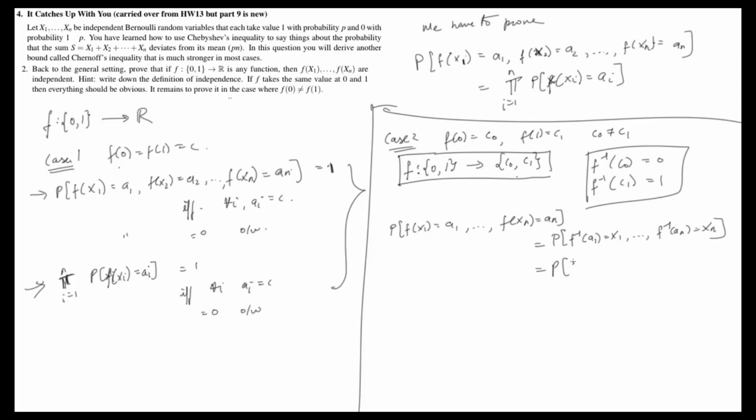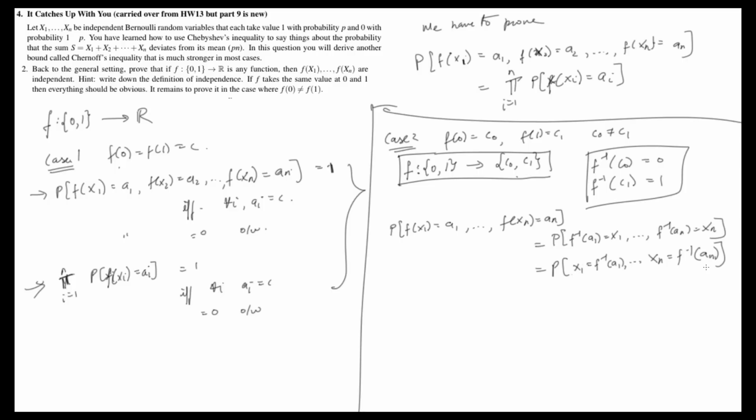So this is equal to a1 is equal to x. I think I should write it the other way around to make it slightly clearer. x1 is equal to f inverse of a1 all the way to xn is equal to f inverse of an.